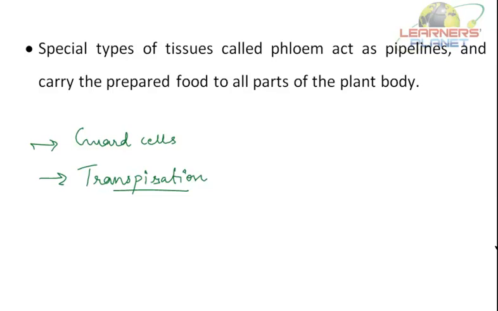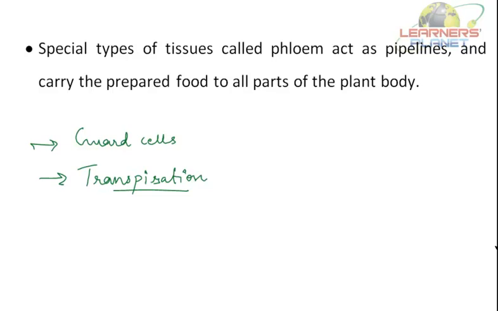So basically sugar, glucose or starch is produced as the form of food in the plants. And this translocation of food takes place by translocation.